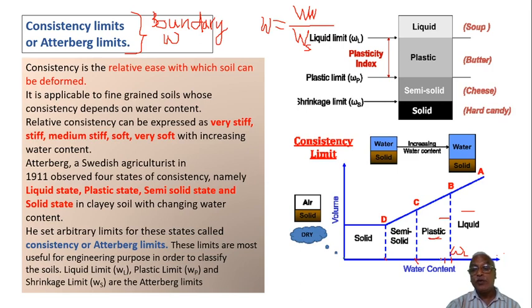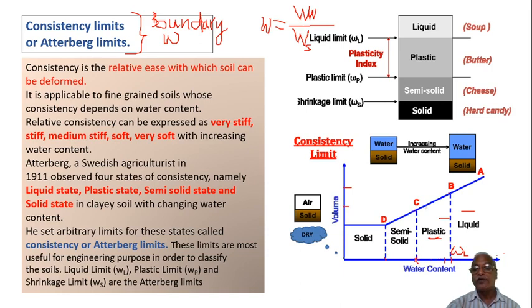Now as you go on decreasing further water content, you can just observe here at point B there is some volume of the soil, means the water as well as soil mix. As you decrease the water content, volume also decreases. There will be a point C, corresponding to that the volume is over here, and then here there is a water content.